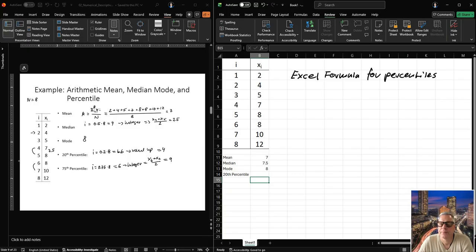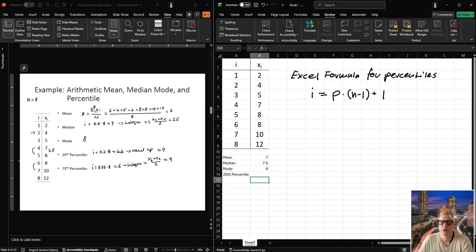So the index that we need to identify is given by the formula I equals the percentile that we want, like 0.2, times n minus 1, the number of observations, plus 1.